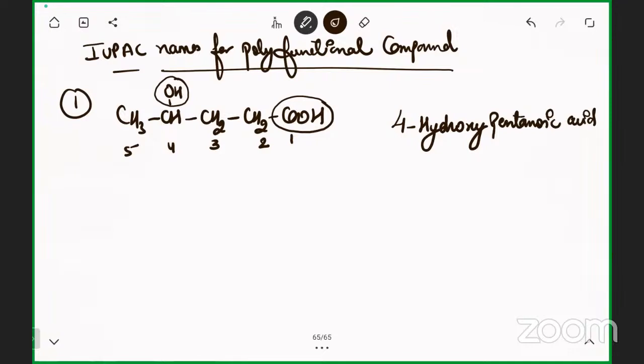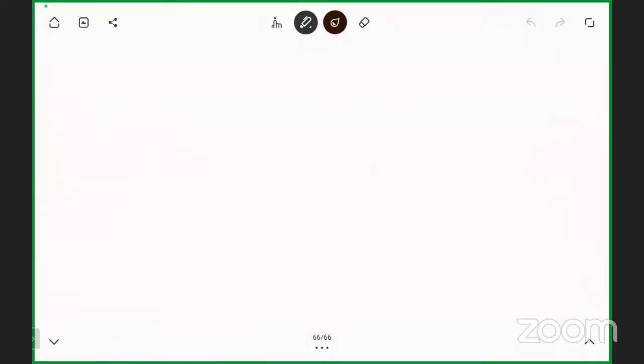Clear? Yes, sir. Do you know what you have to write in the prefix if a functional group is not the principal one? Let me tell you, remember this.